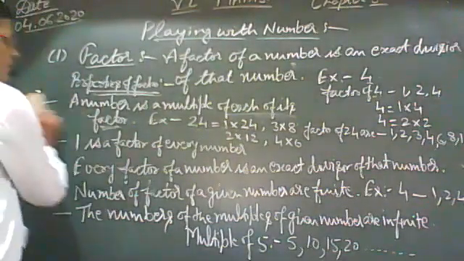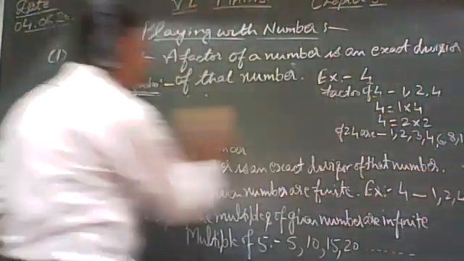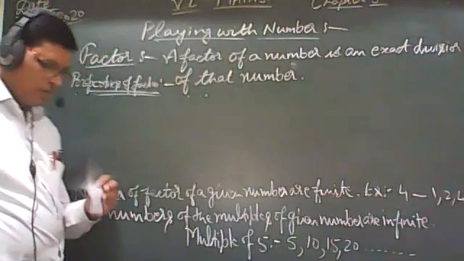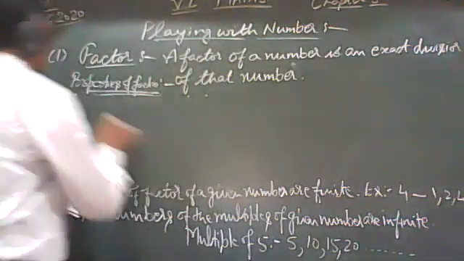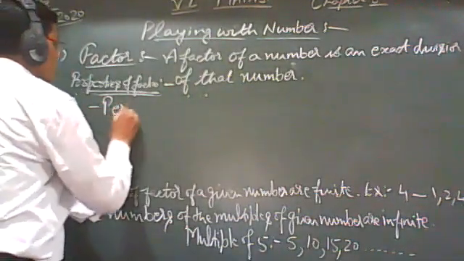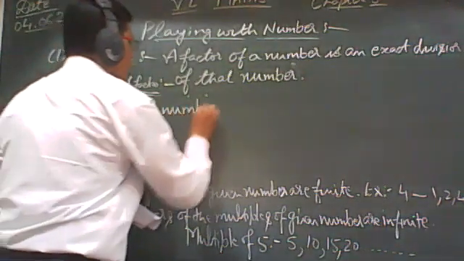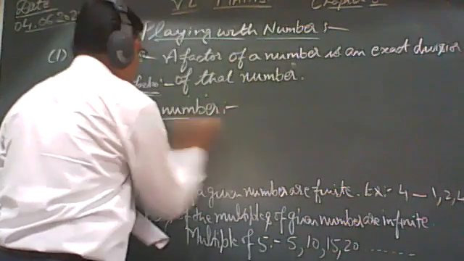Property, perfect number. Now you write this definition of the perfect number.